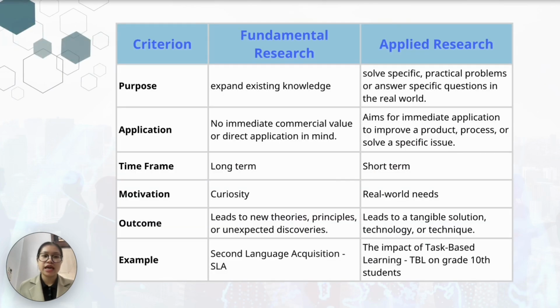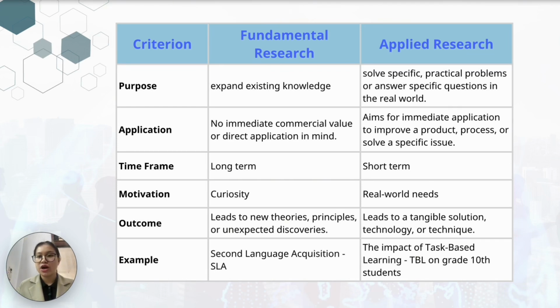So here, as you can see on the screen, is a comparison between fundamental research and applied research. Fundamental research aims to expand knowledge and build theories. It's long-term, motivated by curiosity, and often has no immediate application. For example, second language acquisition is fundamental research.